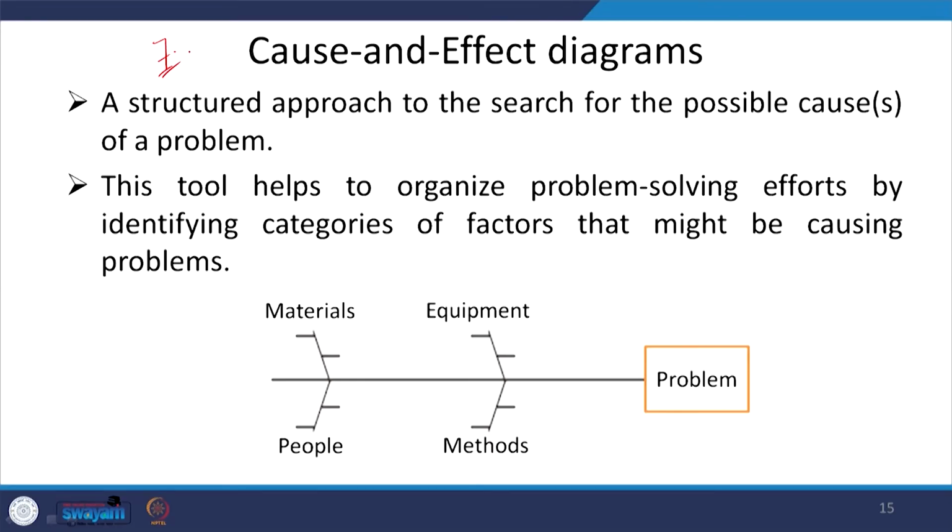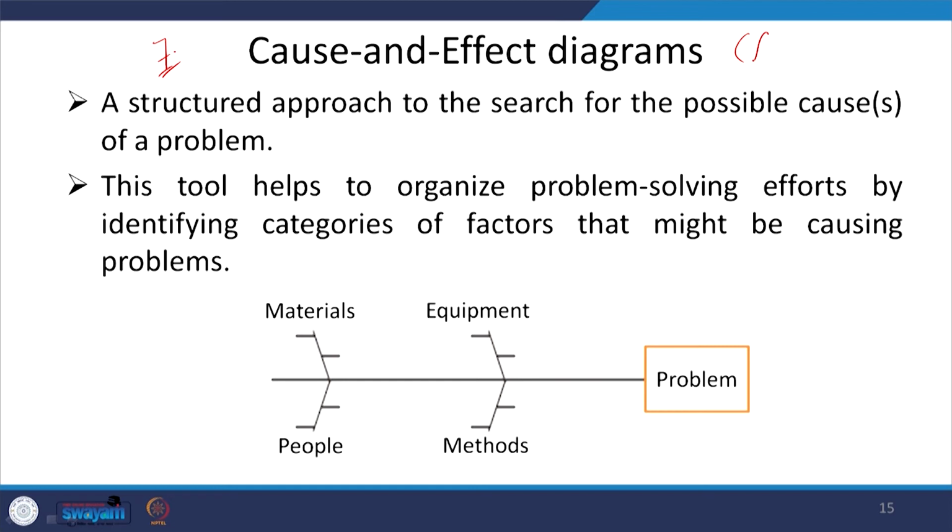Now, the seventh QC tool, which is a very popular QC tool, is known as cause and effect diagram. Now, cause and effect diagram is known by various names. Another possible name of this cause and effect diagram is fishbone diagram.